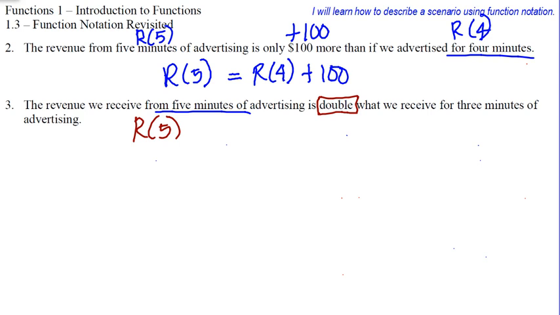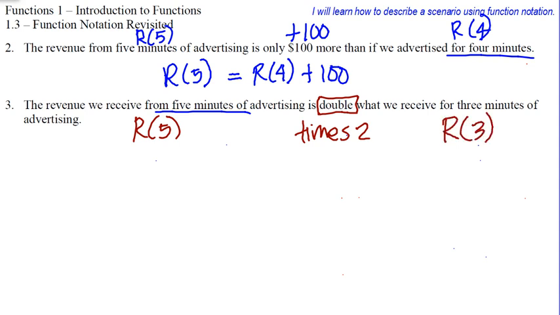But in this case, it says double. What does double mean? Does double mean times 2? Right? Okay, well, let's move on. Double what we receive for 3 minutes of advertising. So let's put R of 3 there.